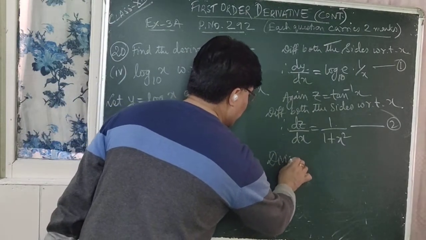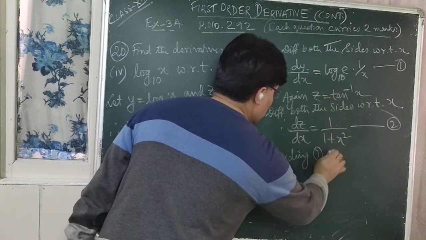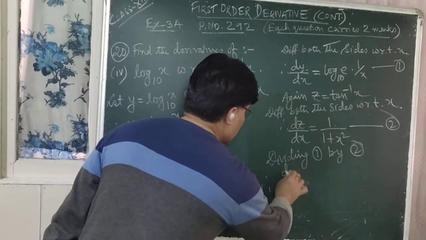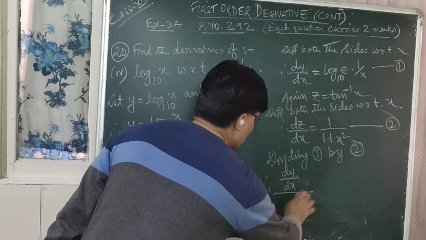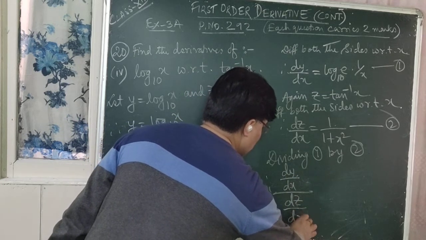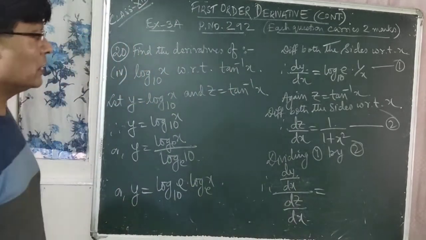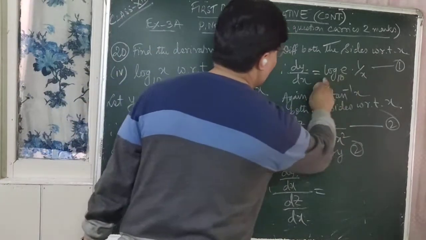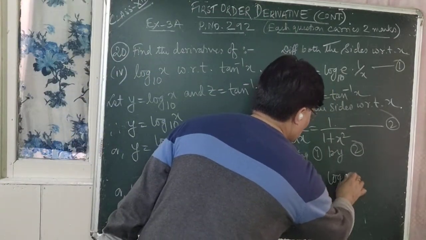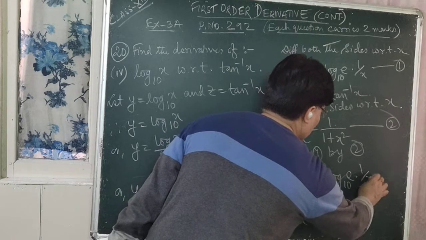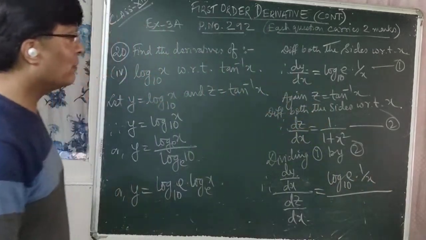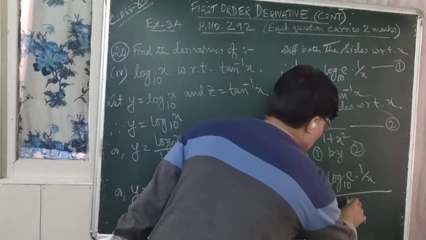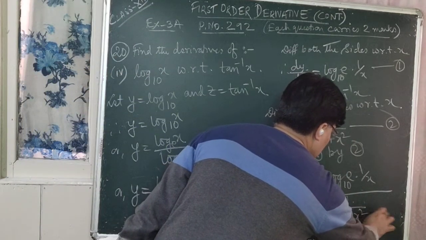So dividing 1 by 2, that is dy by dx upon dz by dx is equal to, now on the right hand side, you have to write down the right hand side of number 1 in the numerator, that is log e base 10 into 1 upon x, whole divided by, in the denominator, the right hand side of number 2, that is 1 upon 1 plus x square.